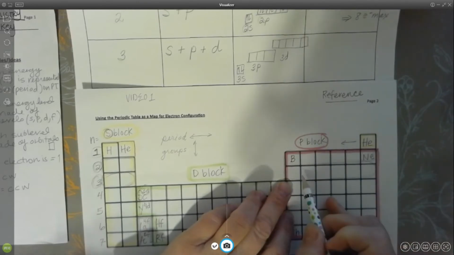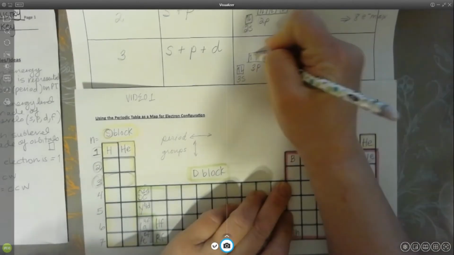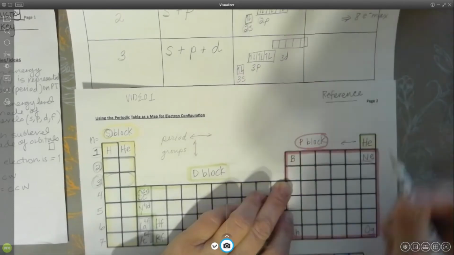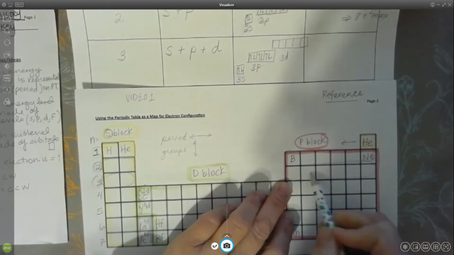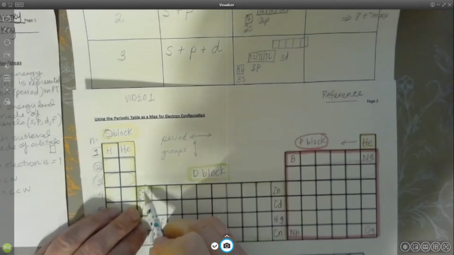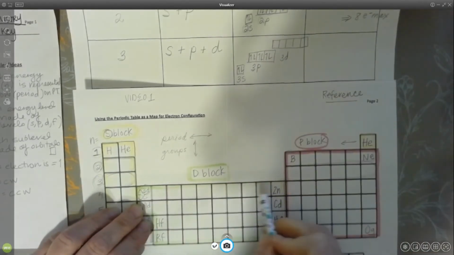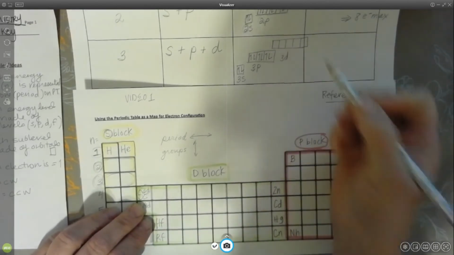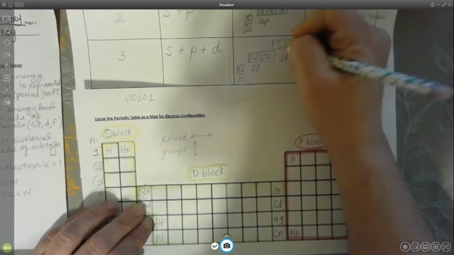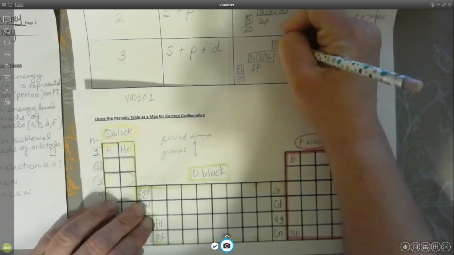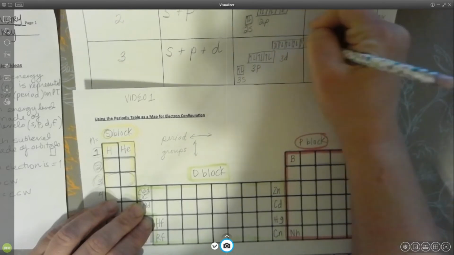So that corresponds to the 6 electrons. The D area is 10 across, and so they have 5 orbitals to account for the 10 electrons. 1, 2, 3, 4, 5, 6, 7, 8, 9, and 10.